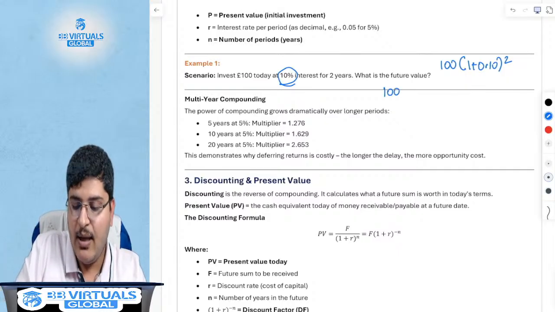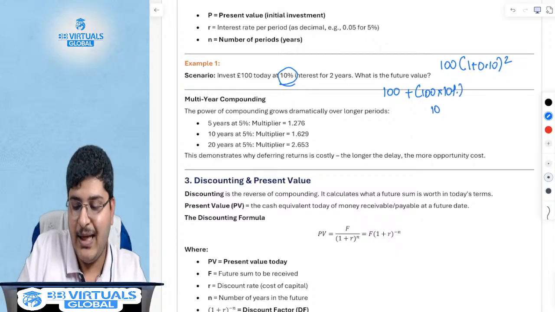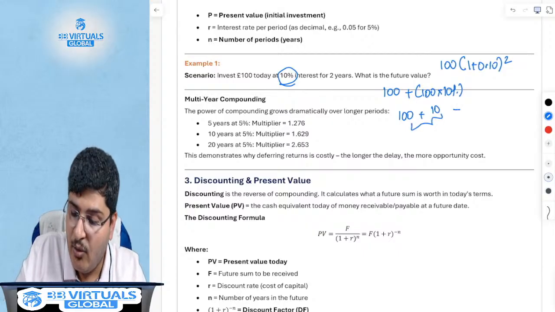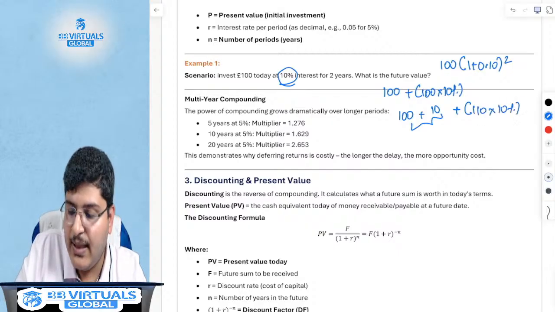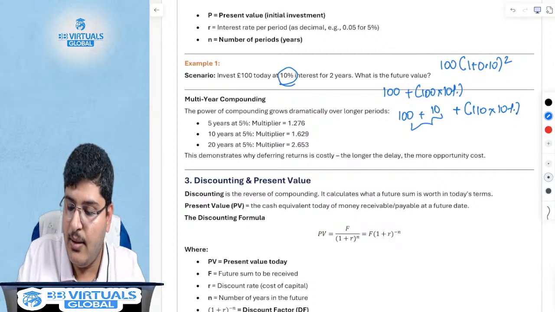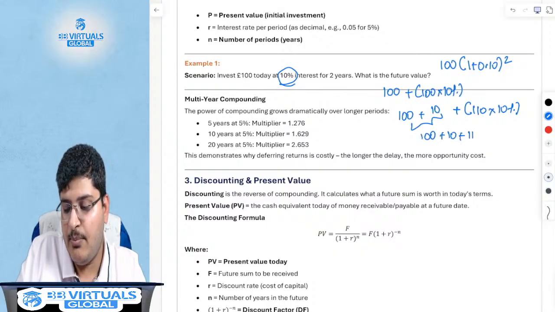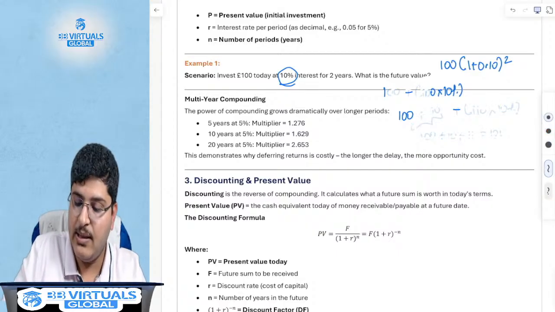One, I invest 100 rupees and in the first year I earn 100 into 10%, which is 10 rupees. The next year I invest this 110 rupees, so I earn 110 into 10%, which is 11 rupees. My total will be 100 plus 10 plus 11, which is 121 rupees.